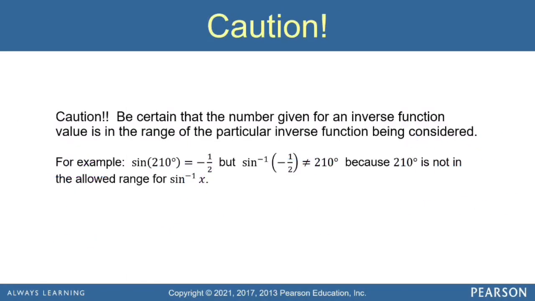Now here is something for us to be careful about. We always want to be sure when we're working with inverse functions that the answer we're giving is in the range of the particular inverse function we're considering.